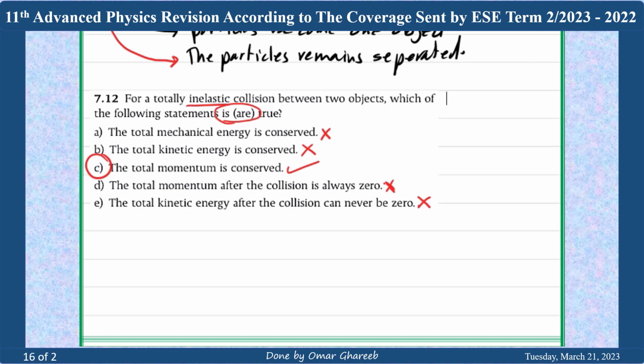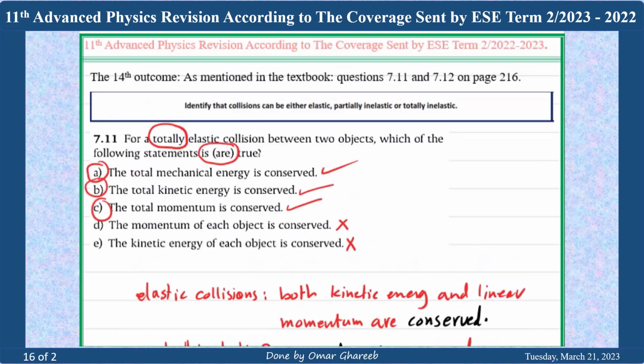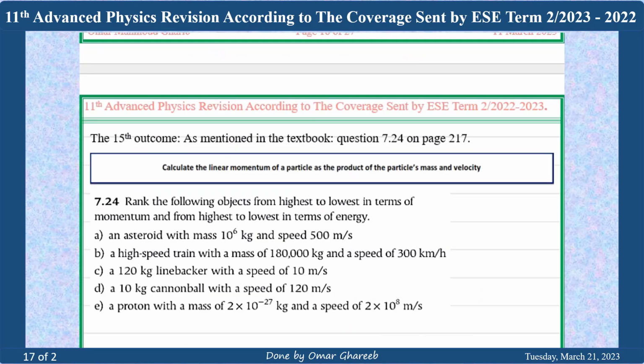Let's go now to outcome number 15. For this outcome, we have to calculate the linear momentum P of a particle as the product of the particle's mass and velocity.